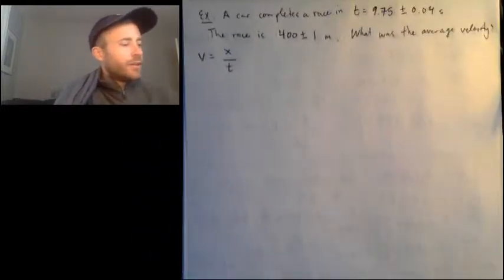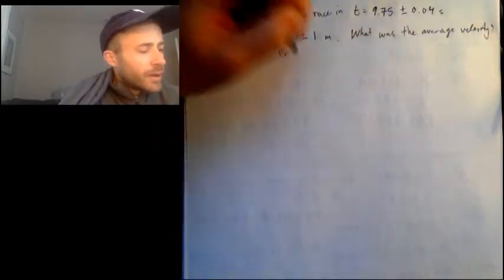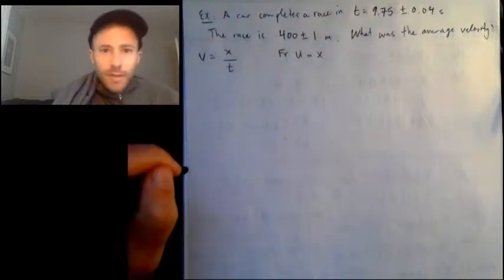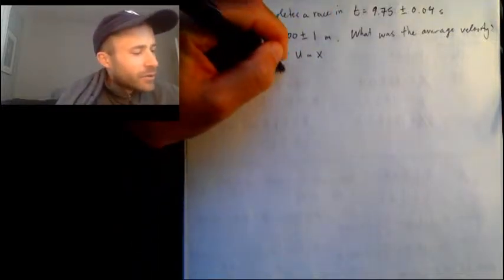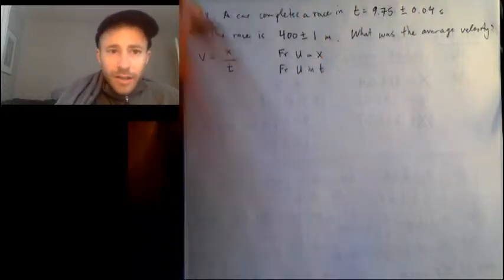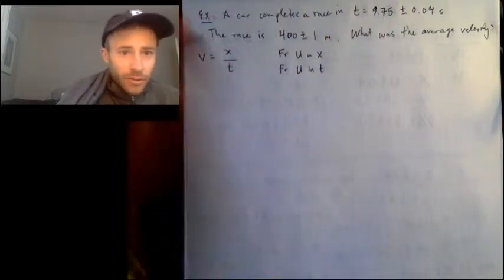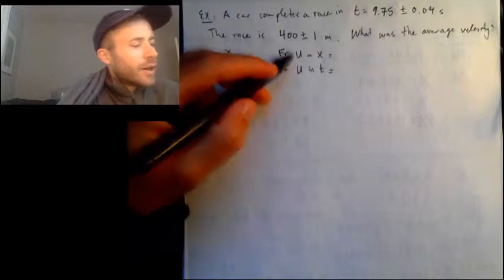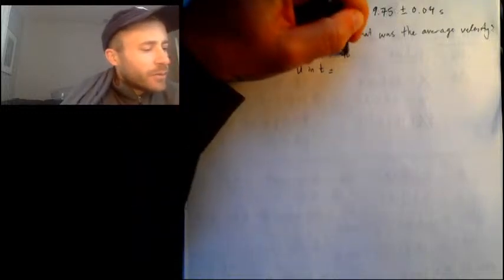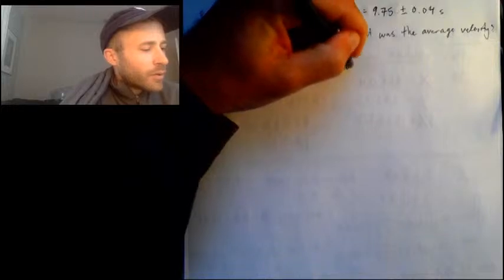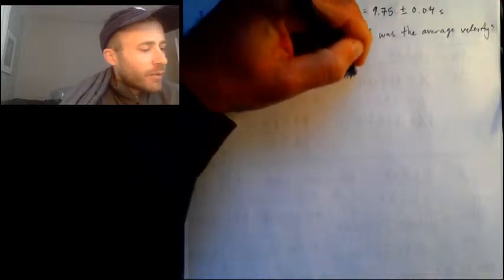So I need to find the fractional uncertainty in x, and the fractional uncertainty in time, and add those two numbers together to get the fractional uncertainty in velocity. For x, it's going to be 1 out of 400. And for time, it's going to be 0.04 out of 9.75.